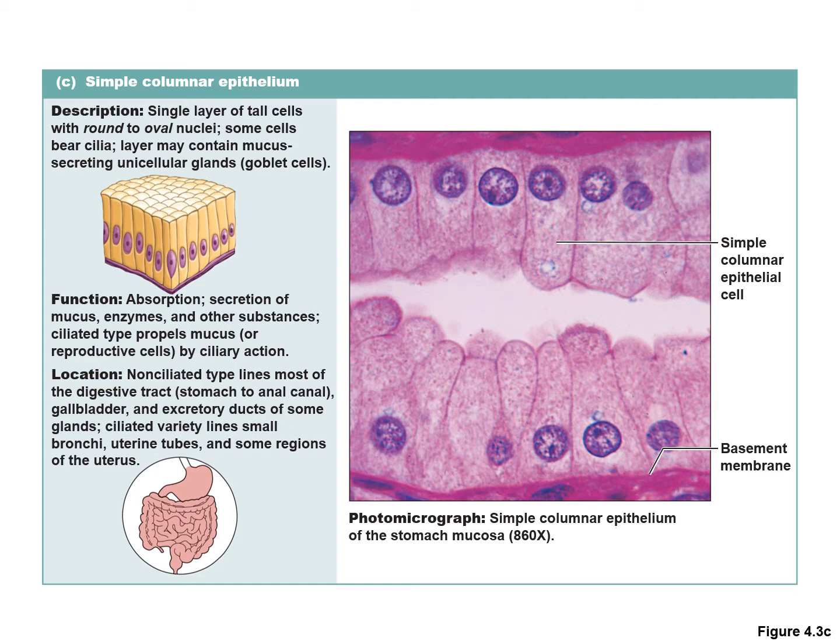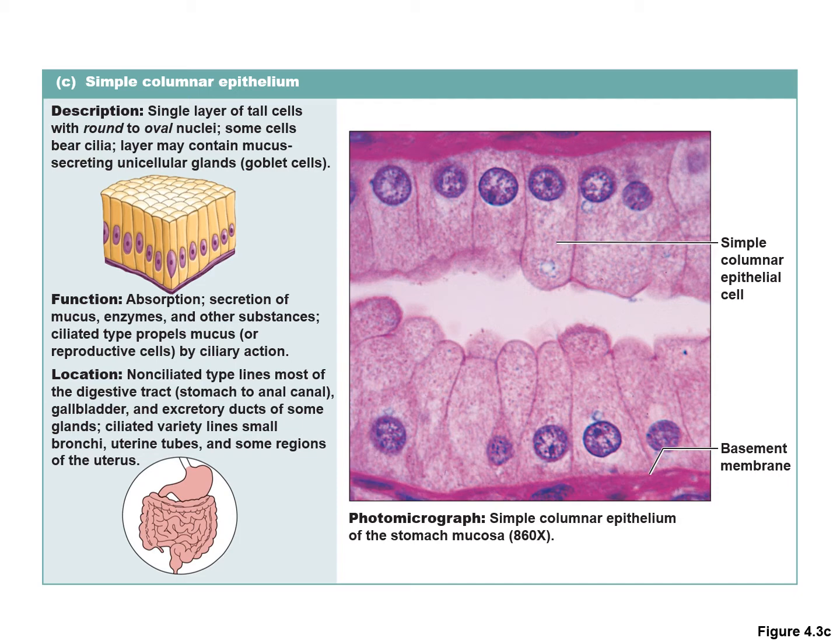And location would be your digestive tract, from stomach to pretty much anal canal, gallbladder, some ducts of bigger glands, also small bronchi, uterine tubes, and some regions of the uterus.